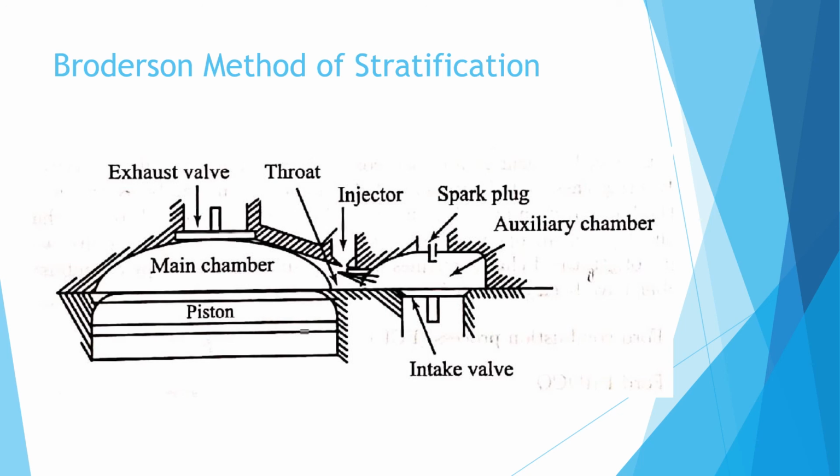The fact that at part load very lean mixture remains in the main chamber means emission will also be less. This type of divided chamber stratified charge engine can burn almost any fuel such as propane, kerosene, diesel or gasoline. It has little sensitivity to octane. That is, it has multi-fuel capability inherent in it.